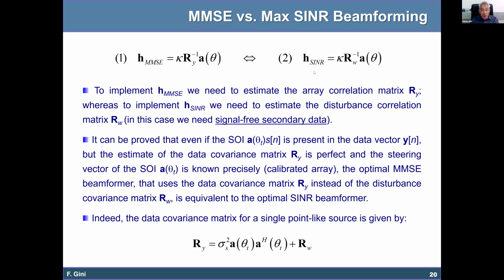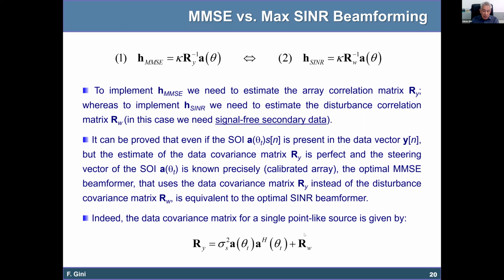Instead, the beamformer which is optimal from the point of view of the maximization of the signal to interference plus noise ratio is proportional to the product between the inverse of the disturbance covariance matrix and the array response. So there is this very important difference.